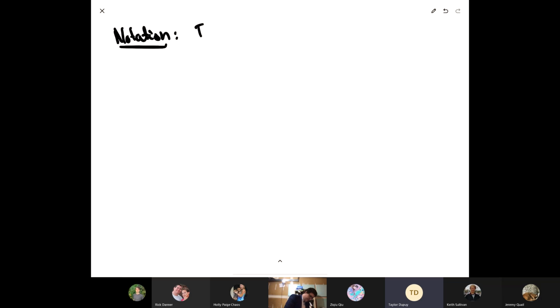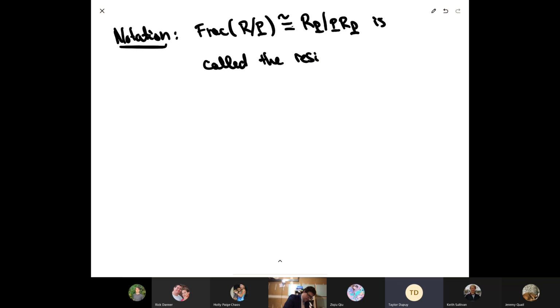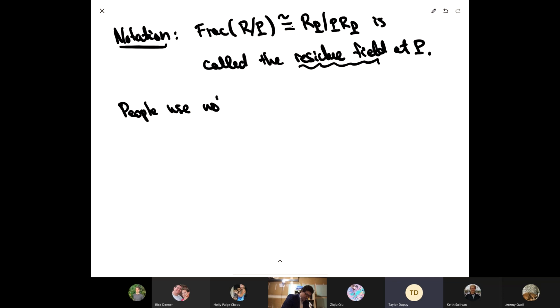The fraction field of R mod P, which is also isomorphic to R_P mod P R_P, is called the residue field at P. And some people use the notation kappa of P for this sometimes.